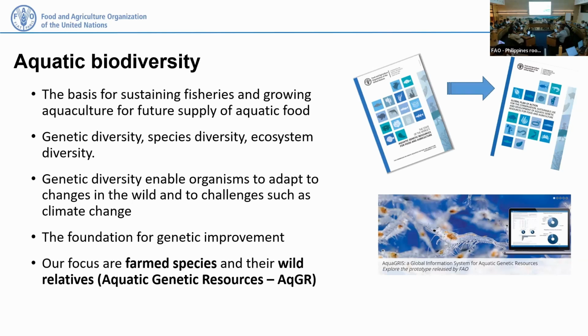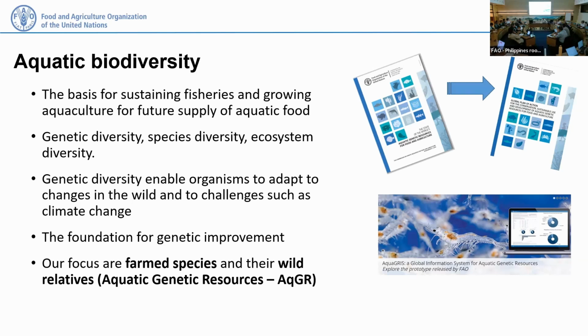The focus of our work at FAO is on farmed species and their wild relatives, and we call these aquatic genetic resources for food and agriculture, and we use the acronym AQGR, Aquatic Genetic Resources. Essentially that means that we have a list of about 700 aquatic species that our member countries have told us they are currently farming.